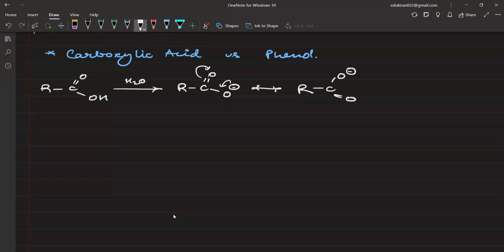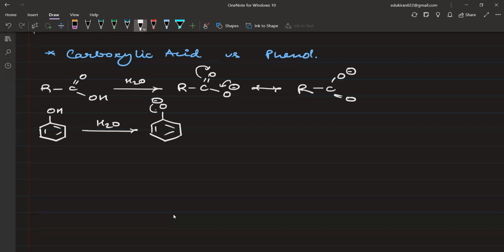What about phenol? If you look at phenol, in the presence of H2O, it is going to give you phenoxide ion. That means this oxygen here will contain the negative charge.